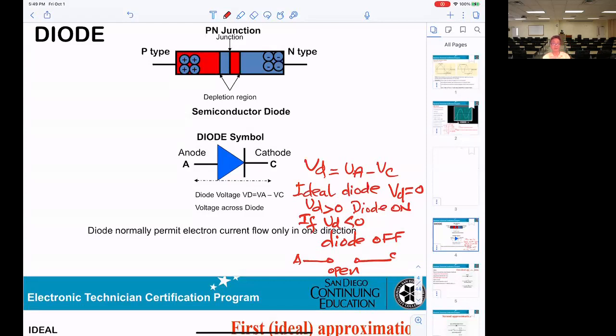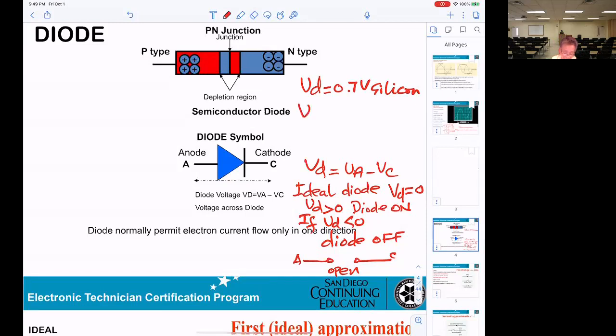However, that's just talking about VD equals 0. Normally, you're not working with an ideal diode. You're working with the second approximation. VD is 0.7 volt for silicon, sorry, for a silicon diode.